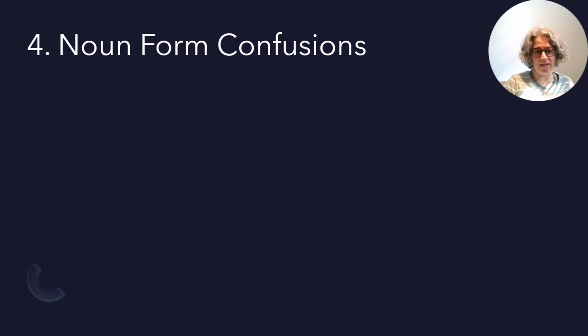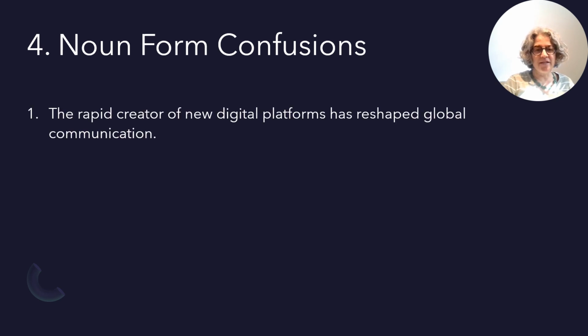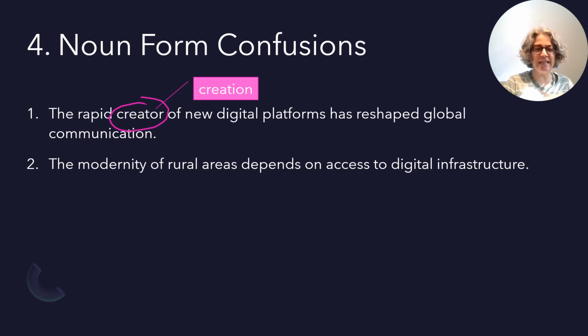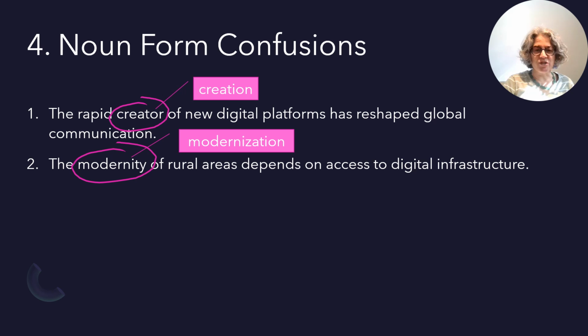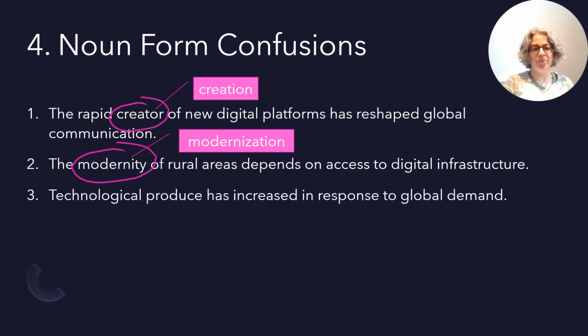Next, let's take a look at some common noun form confusions due to the use of the wrong affix. In sentence 1, we see the rapid creator of new digital platforms has reshaped global communication. So we see creator referring to a person, whereas we need creation referring to the process. Second, we see the modernity of rural areas depends on access to digital infrastructure. So we see modernity identifying a state, whereas we need modernization referring to the process.